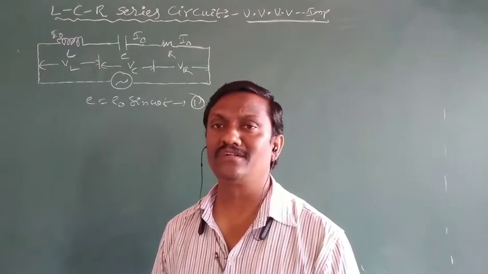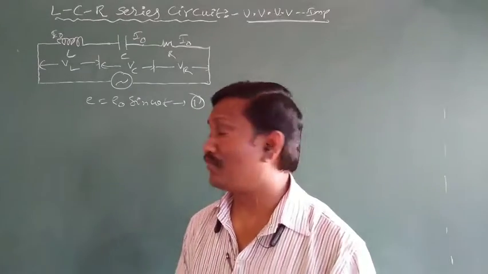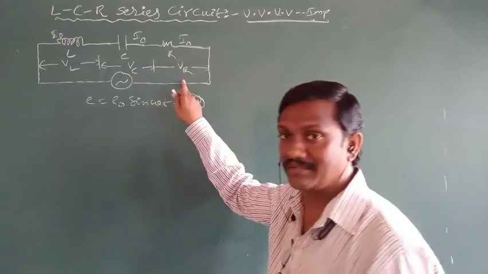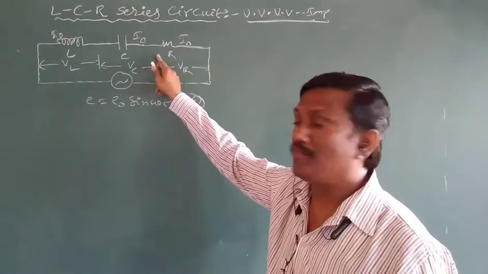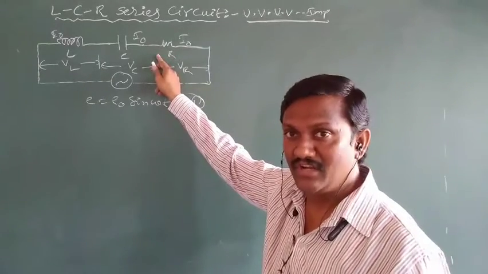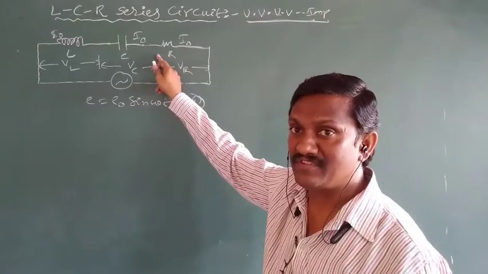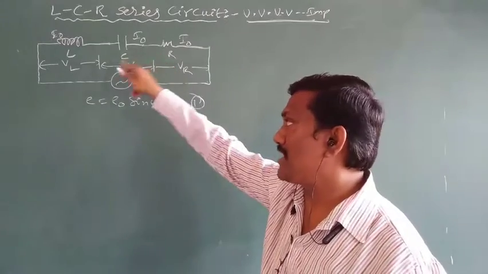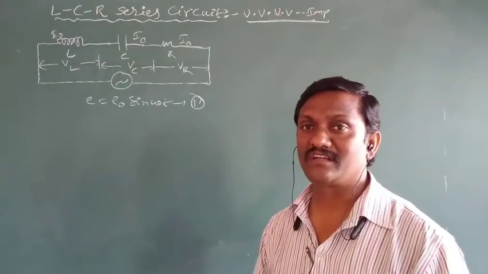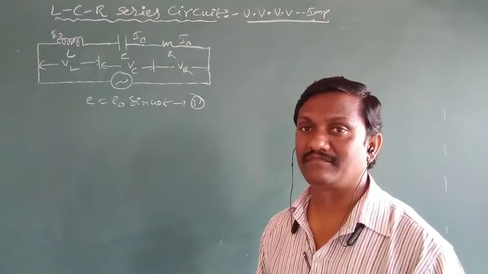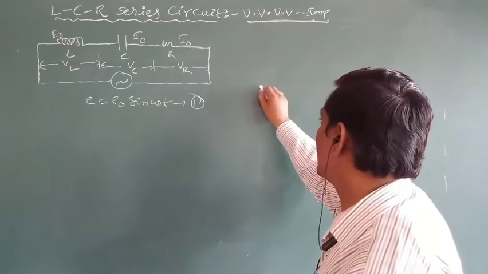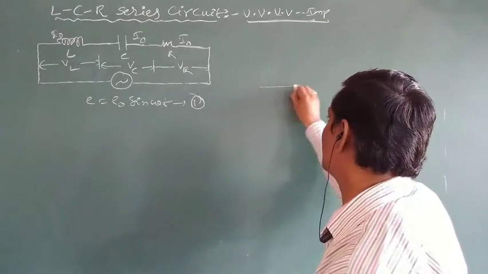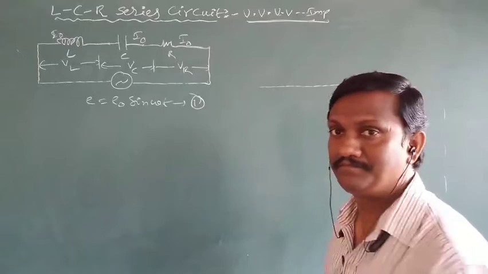We know that compared to current, the potential difference across the resistor is in the same direction. Compared to current, the potential difference across the capacitor is vertically downward; VC is in the downward direction. Compared to current, the potential difference across the inductor is vertically upward. Recall the phasor diagram, a diagram which explains the phase between currents and EMFs.